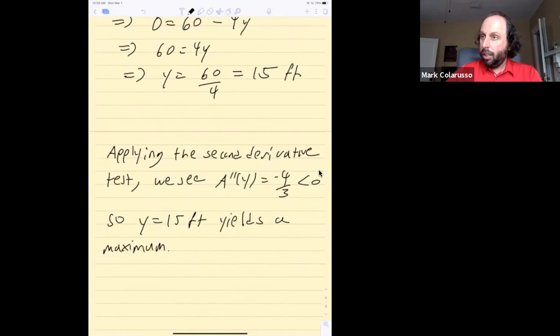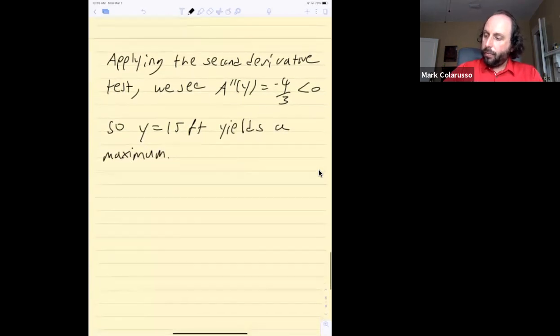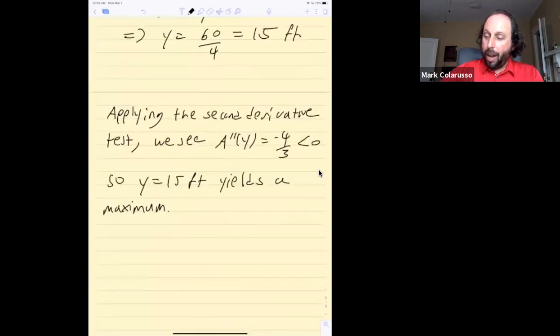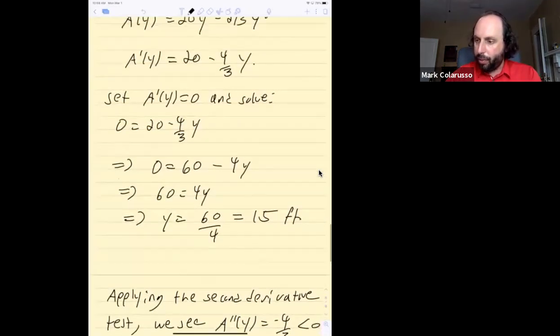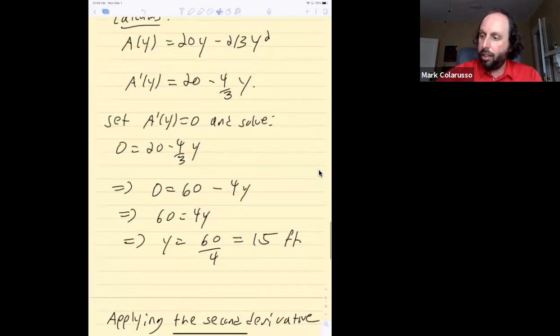And the max area. Now we need to solve for the area. So we have to plug y back into here to find the area, and you can use a calculator to do this.